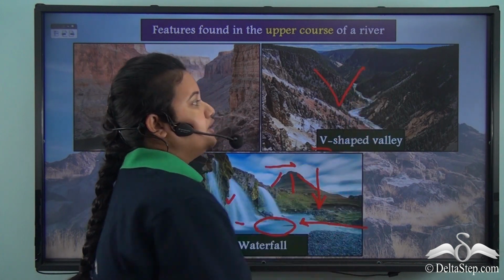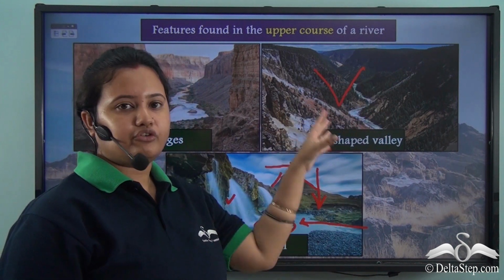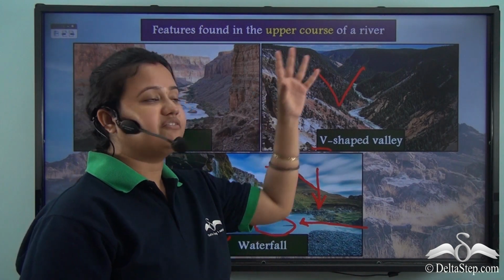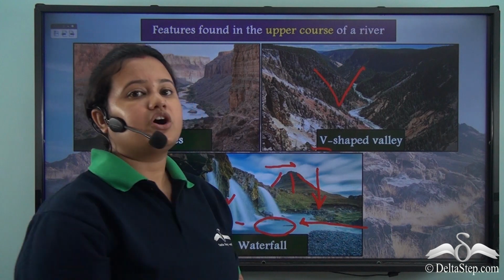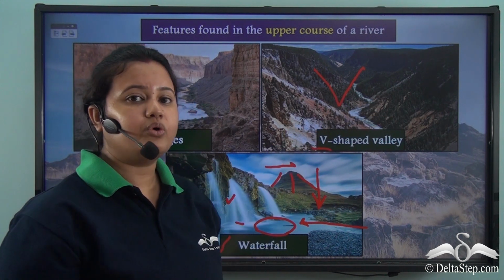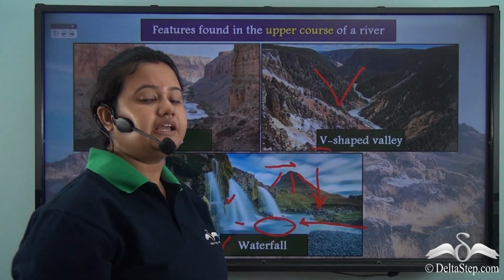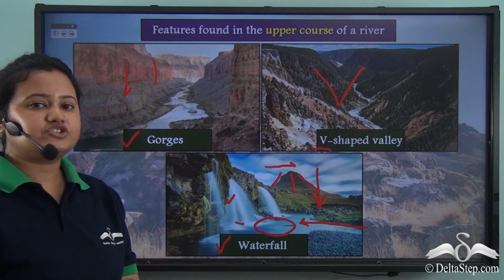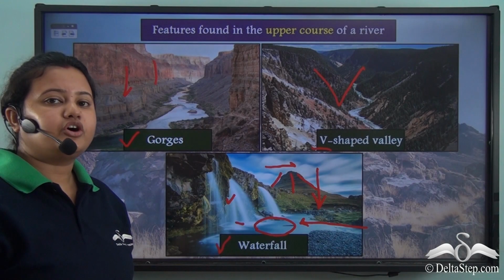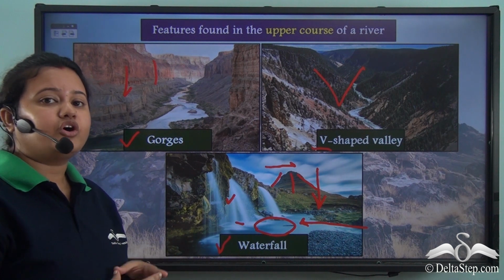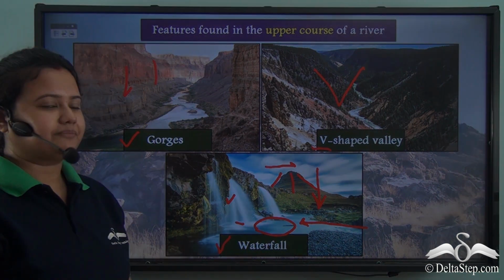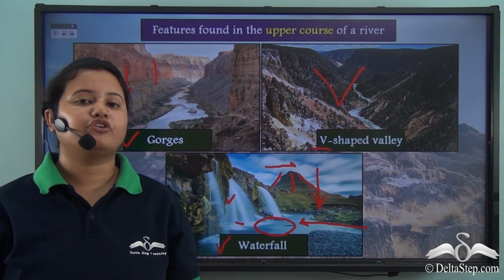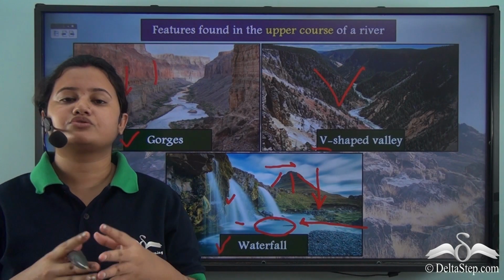V-shaped valleys are formed in a region of soft rocks, and since these rocks are very soft, therefore the river can erode the surface or the sides of these rocks more, and thus a V-shaped valley is formed. And the last feature is a waterfall. A waterfall is formed when a river falls down almost vertically from the top of a mountain. So these are the landforms that are formed in the upper course of a river.